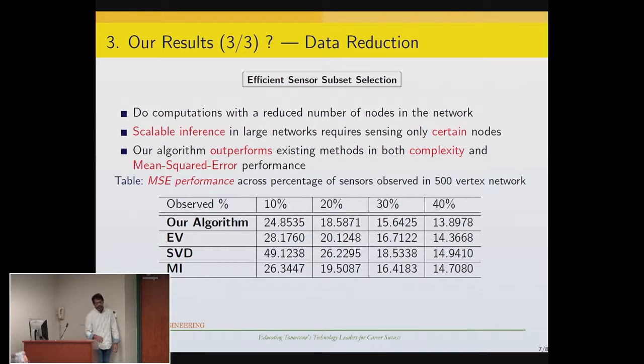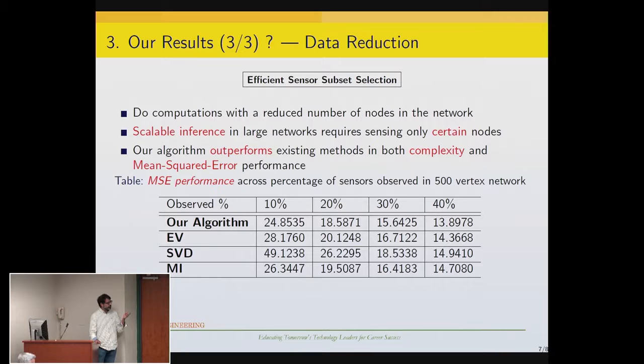So we came up with an algorithm that uses only a small percentage of nodes, and it actually performs better than comparable algorithms developed by other people who are using different methods in signal processing. But what I'm not showing is the complexity reduction.